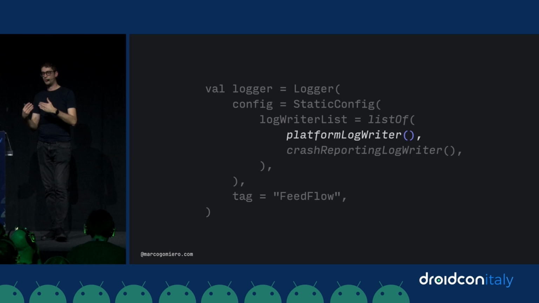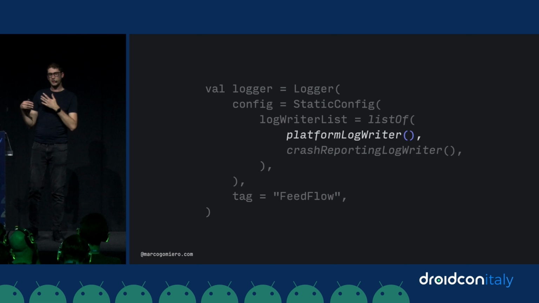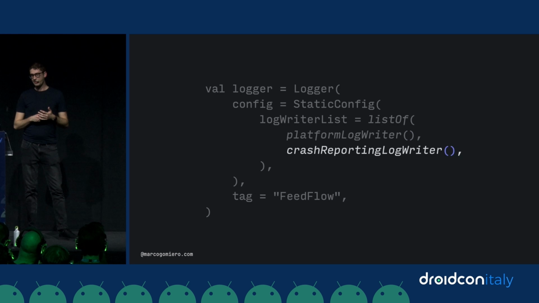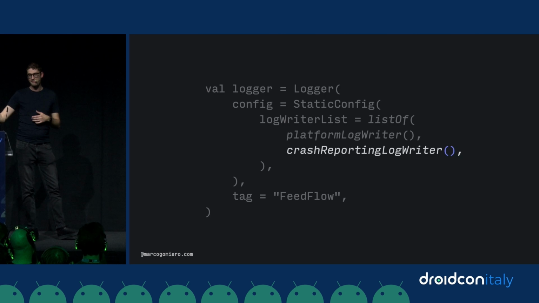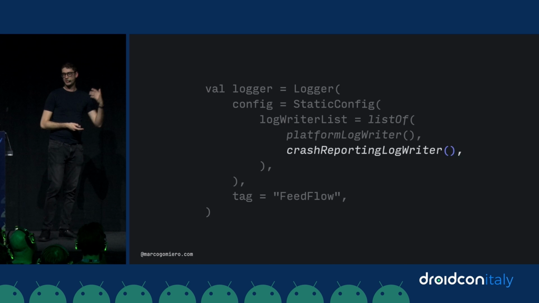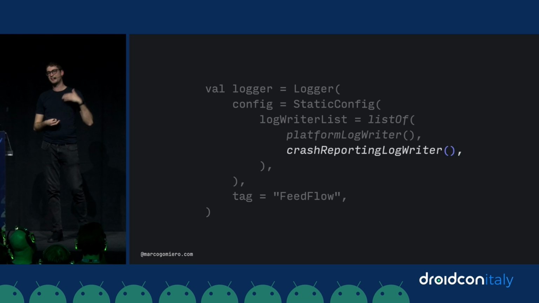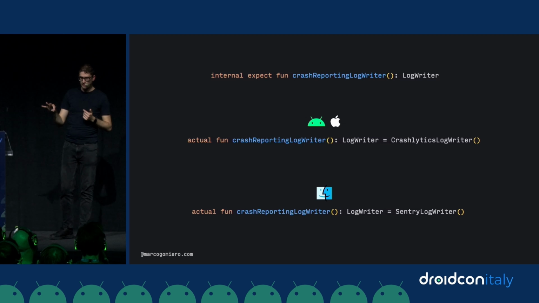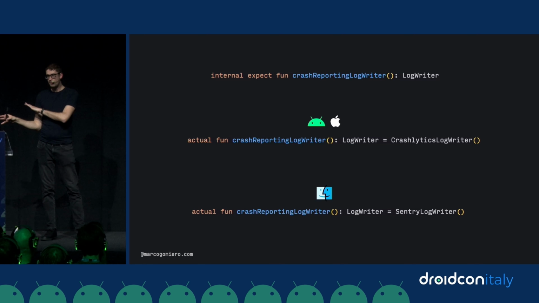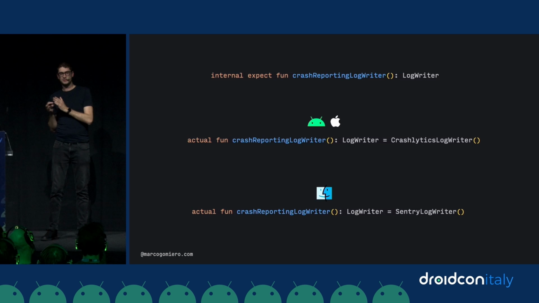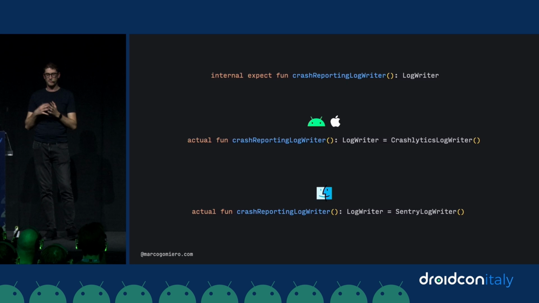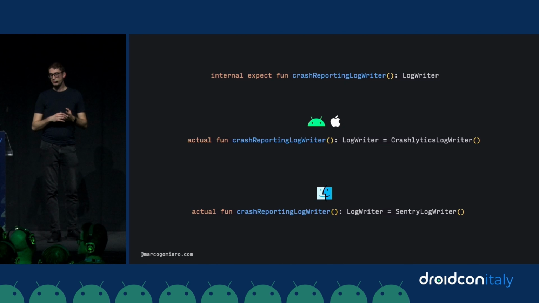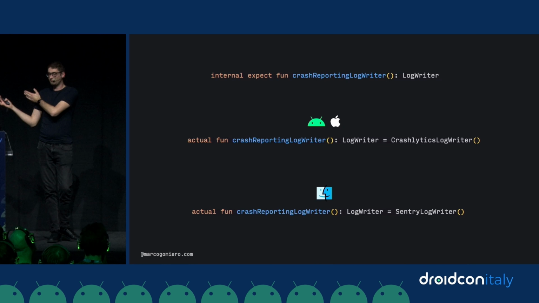And you can also add more writers, like for example, if you're using Timber, you can plant more trees. In this case, I'm also having a log writer for crash reporting, which saves the logs in the crash reporting tool that I'm using. For example, on mobile, it's using the Crashlytics log writer, which comes by default with the library and the integration with CrashKiOS. For Sentry, of course, it's a customized thing.